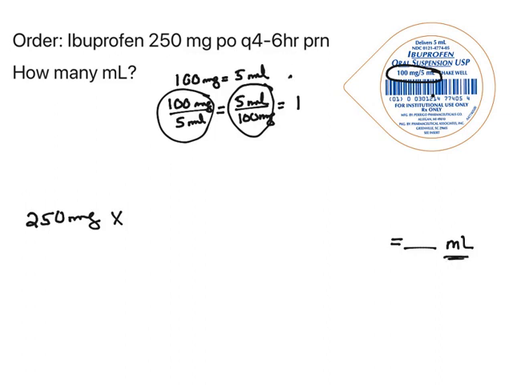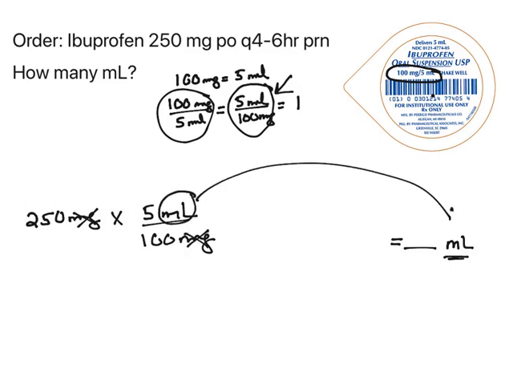So I'm going to multiply by 5 mLs over 100 milligrams. And I'm going to cancel my units, and I see now I'm left with mLs, and that's what I want to give, and I don't have any other units, so I've already completed my problem.